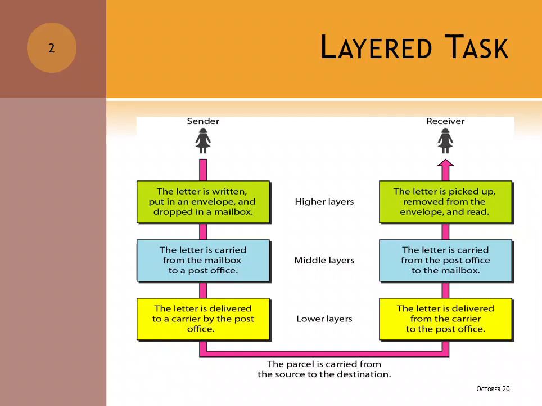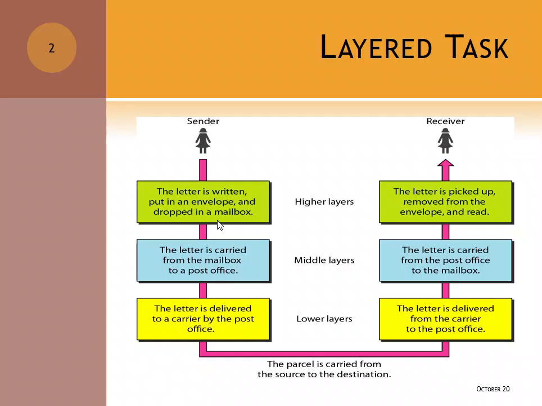First apa yang you buat, contoh you nak hantar surat kepada kawan, you akan tulis surat, you akan masukkan surat tu dalam sampul, you seal the envelope, and then you write the receiver's name, his or her address, then you put stamp. So that is the first step from you as the sender. So the letter is written, put in an envelope and dropped in a mailbox. Then you bawa surat tu pergi ke mailbox ataupun post office.